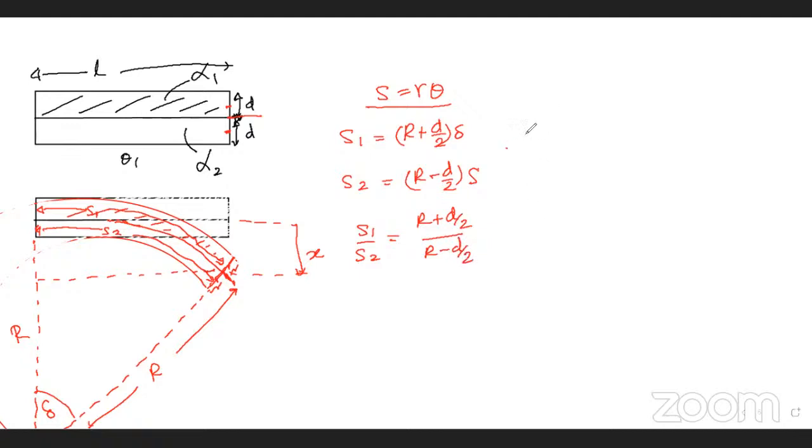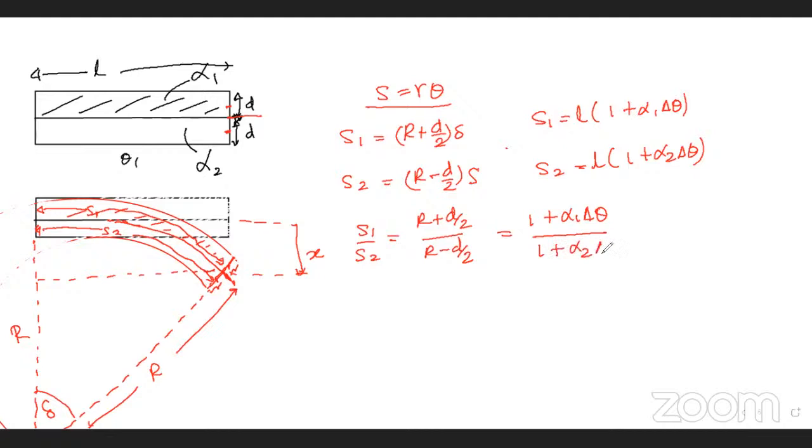And also, you can write that S1 equals the initial length L, 1 plus alpha 1 delta theta. And S2 you can write L, 1 plus alpha 2 delta theta. The ratio of these two, the L cancels. So you can write this equation: 1 plus alpha 1 delta theta divided by 1 plus alpha 2 delta theta.